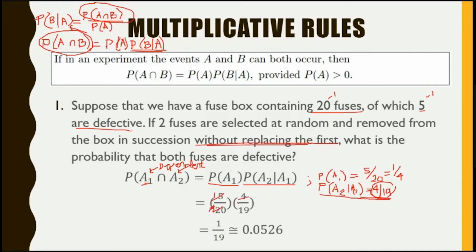So the simplified form would be 1 over 19, or approximately equal to 0.0526, which means if we convert it into percentage, we only have 5.26% probability that both fuses are defective.